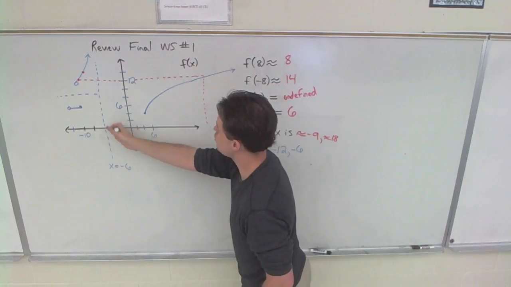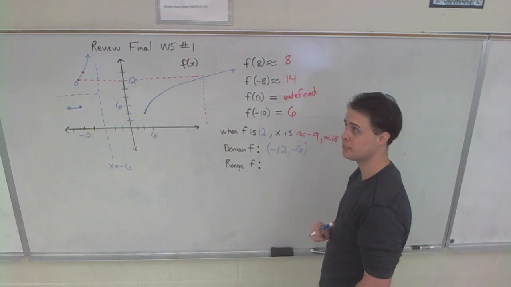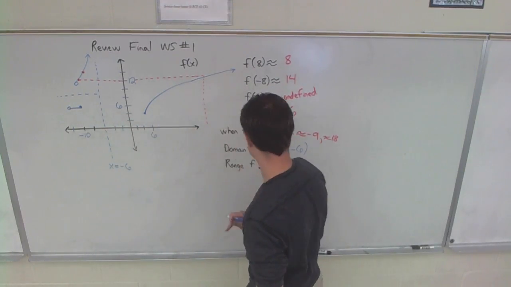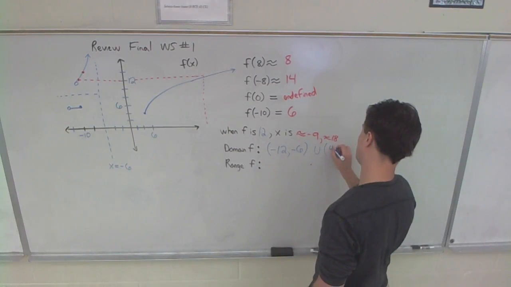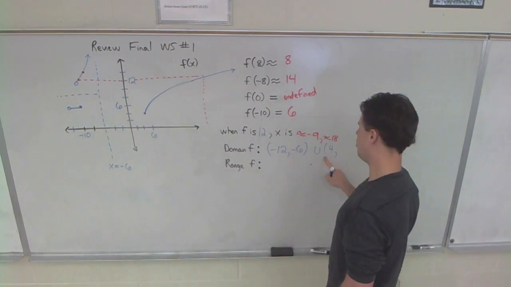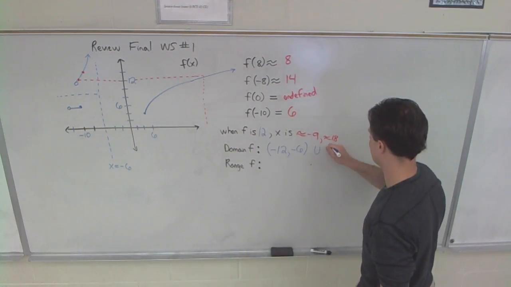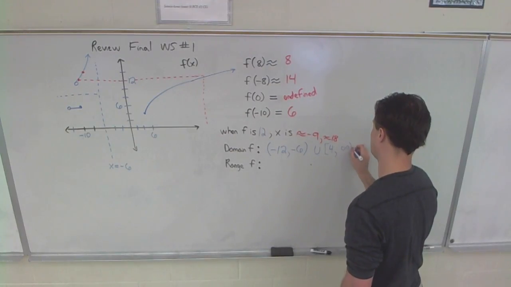Now it never touches this thing, it never actually exists there, so it's open there too. Then it doesn't start again until we get over here, I think that's about 4. So we're going to say or union 4. Should this be open? I think it's actually existing at 4, so I should put a bracket there at 4. And then it's going to keep growing out to infinity.